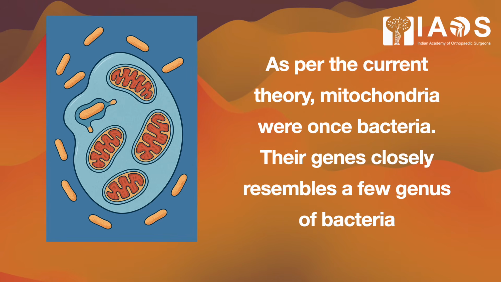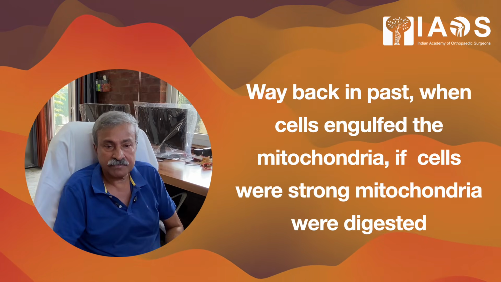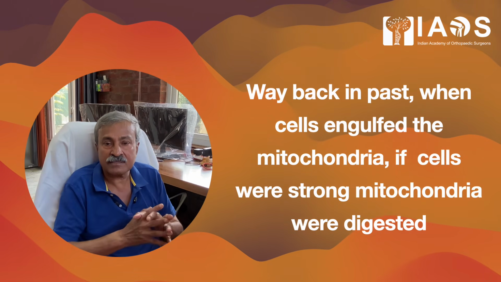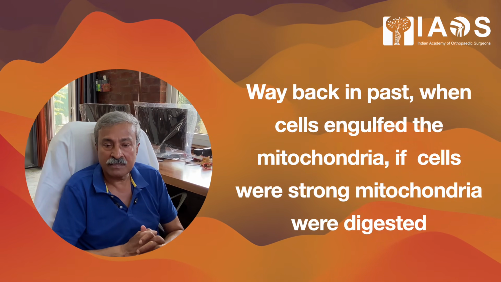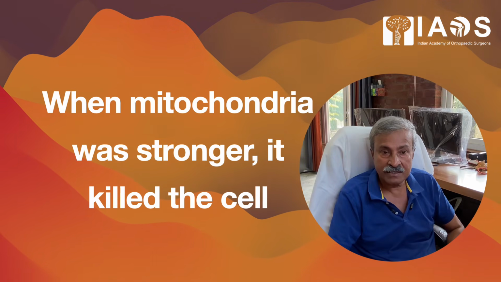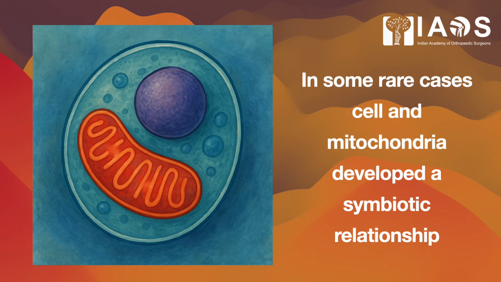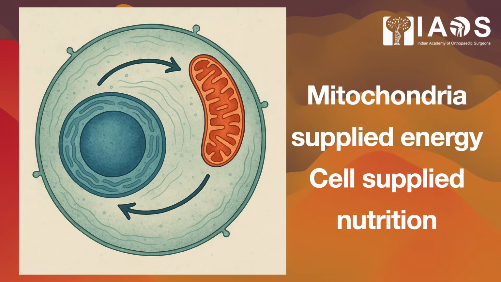As per the current theory, mitochondria were once bacteria and their genes resembled a few genera of bacteria. Way back in the past, when cells engulfed the mitochondria, if the cells were stronger, the mitochondria were digested. When the mitochondria were stronger, they killed the cells. In some rare cases, the cell and mitochondria developed a symbiotic relationship, with the mitochondria supplying energy to the cell and the cell supplying nutrition in return.